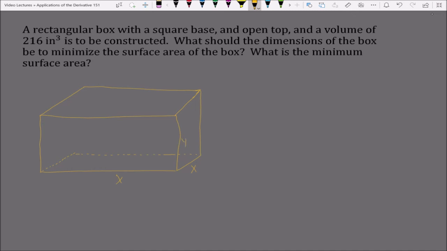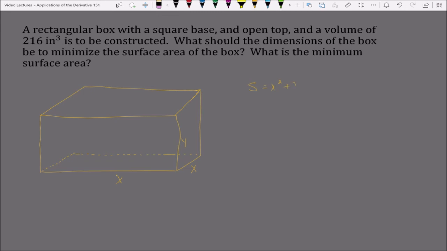Now, surface area of the box is the sum of the areas of each side. Well, we don't have a top, right? The top is open. So the bottom area is x squared. Then we have four sides, each of length x with y.